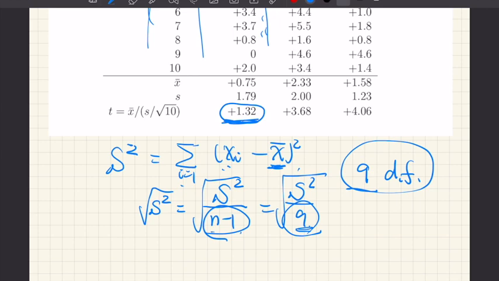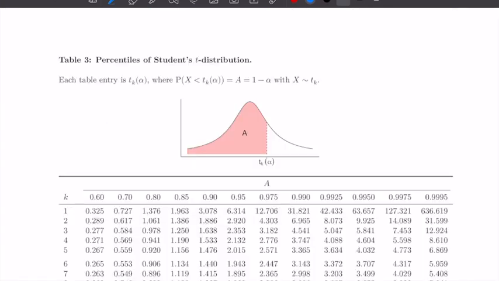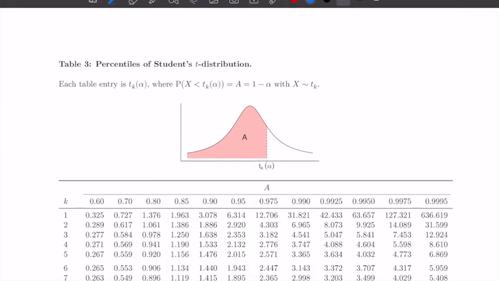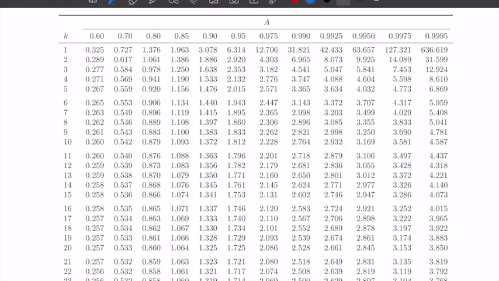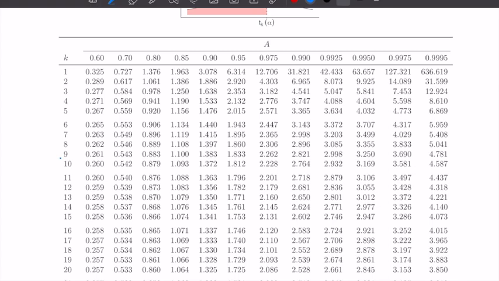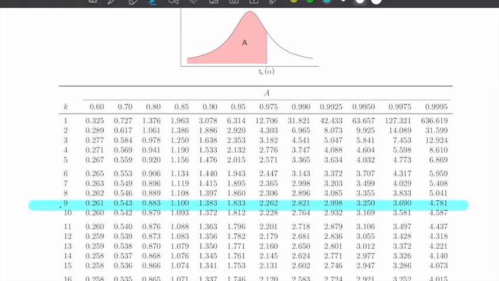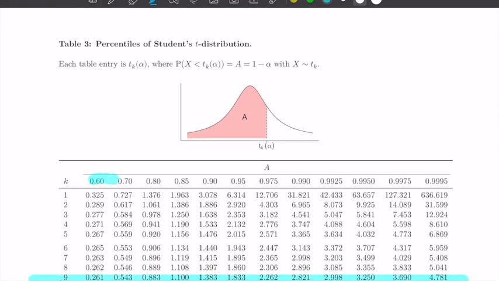So, is this significantly large? Let's look at the table of T distribution. Since we have 9 degrees of freedom, we look at this row. In this case, these numbers show the probability of T statistic less than this number.